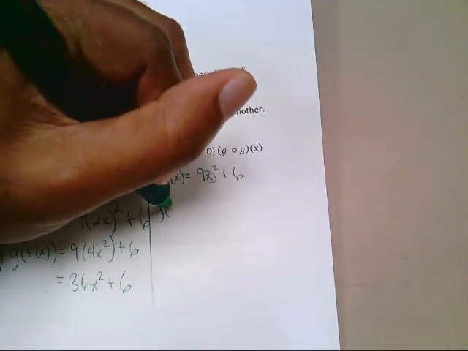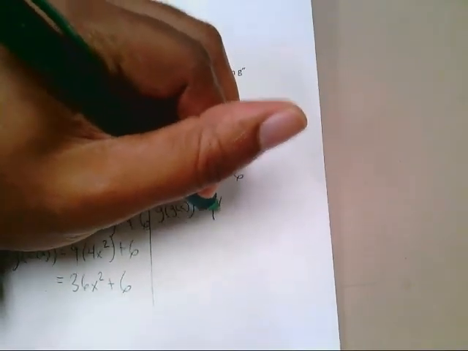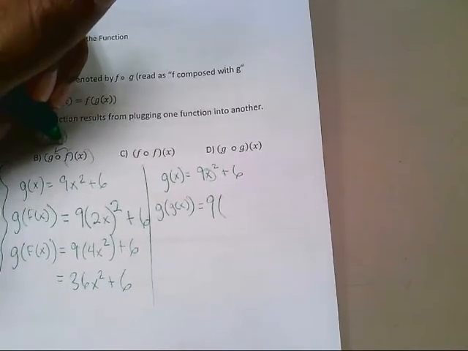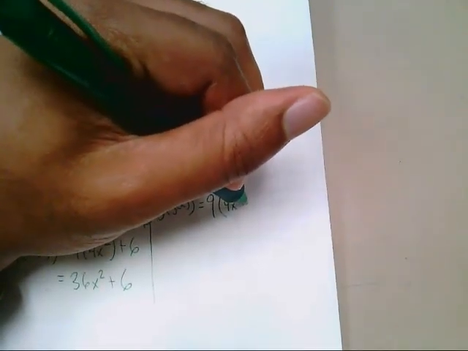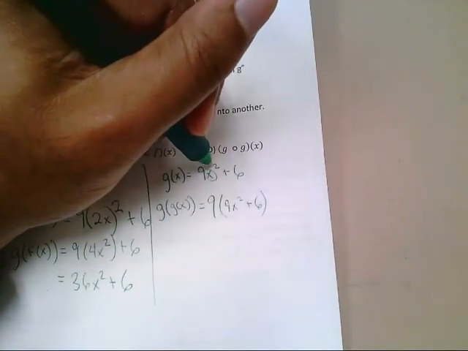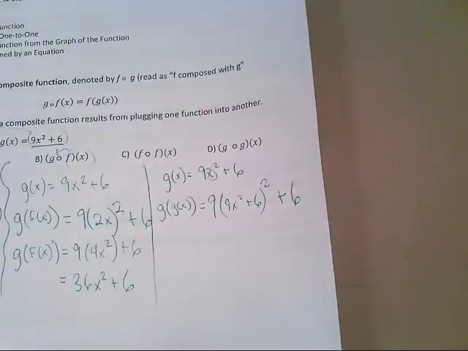So we'll have g of x, and we'll have 9, and then we're not putting the original x here. We're going to plug the whole equation in where the original x was. So then we'll have 9x squared plus 6, and then we continue with the rest of the equation. So we square this, and then we add 6 to it.